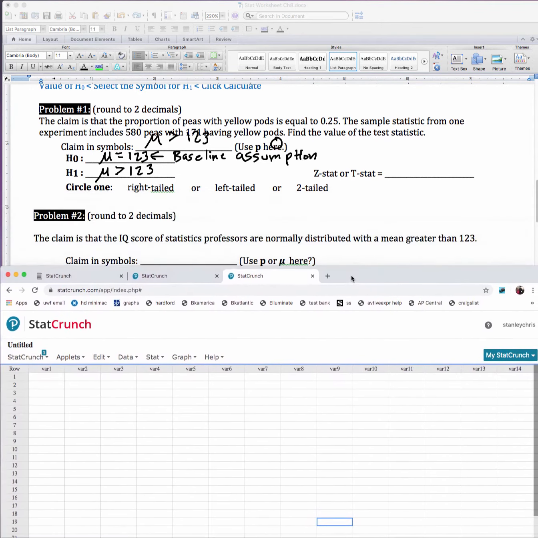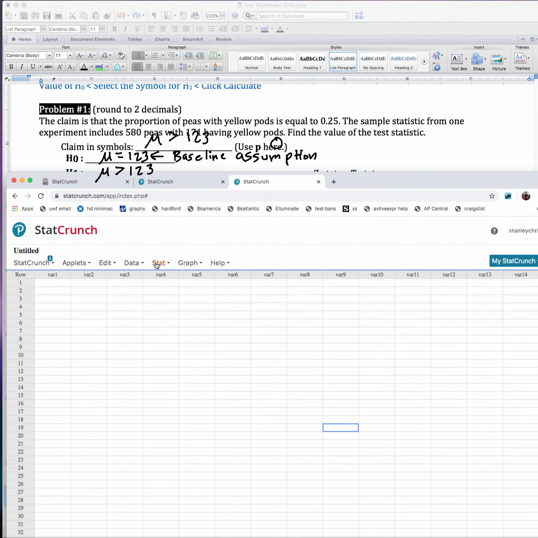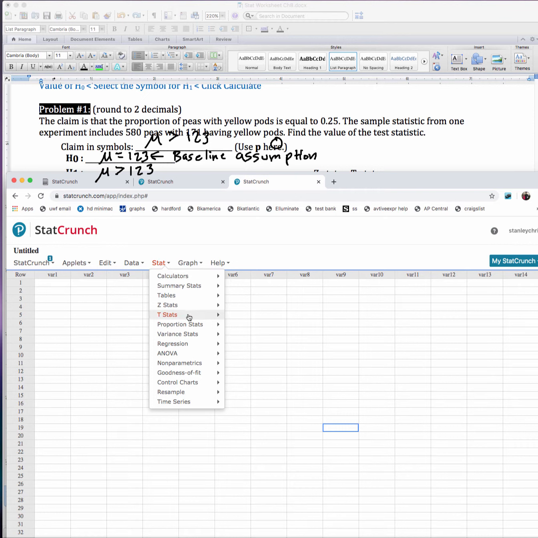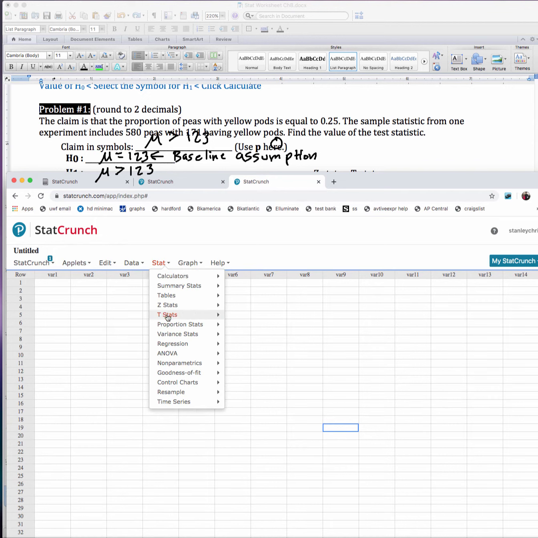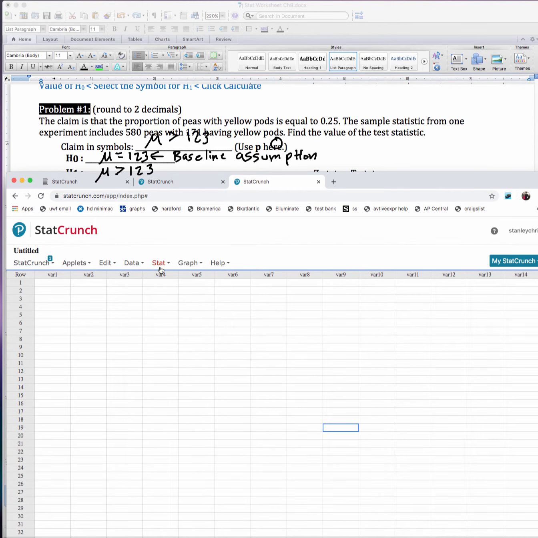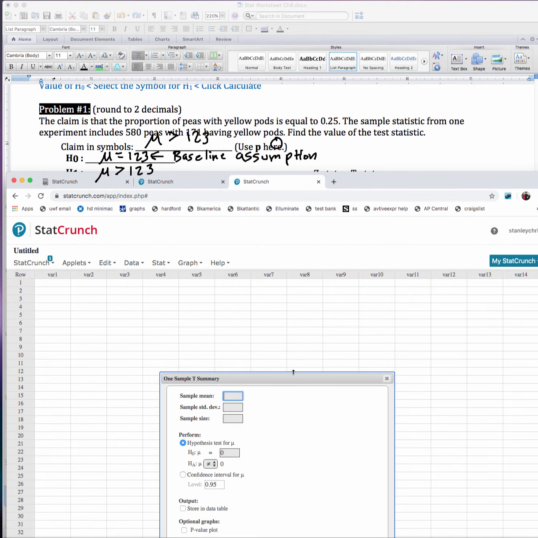This is a t-stat, which I circled already. So let's go ahead and run the test. So Stat, T-stat, one sample. We don't have the data, we have summary. So the mean was 125, I believe.